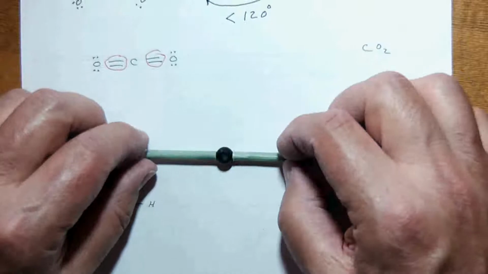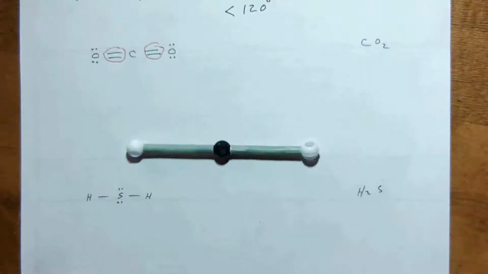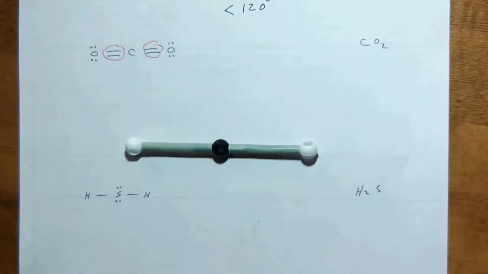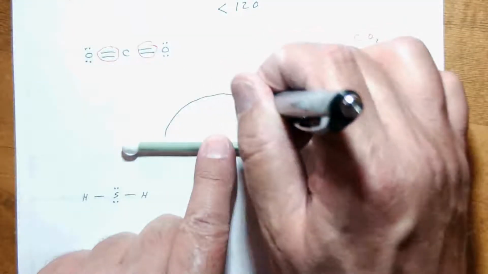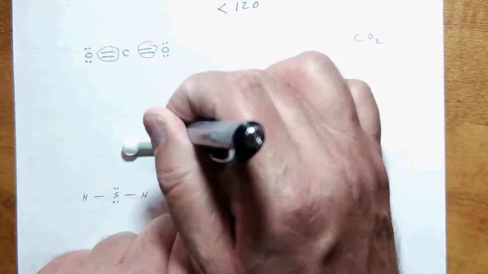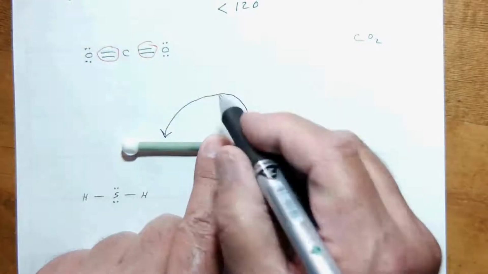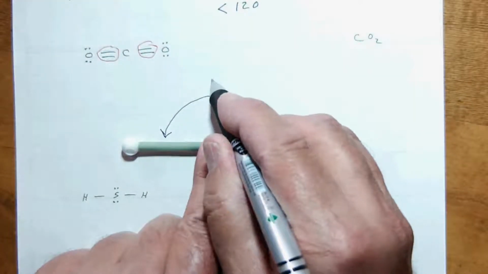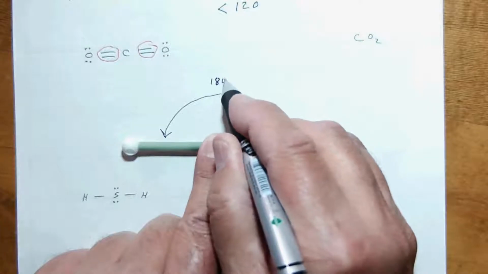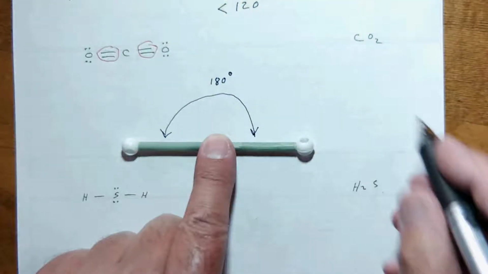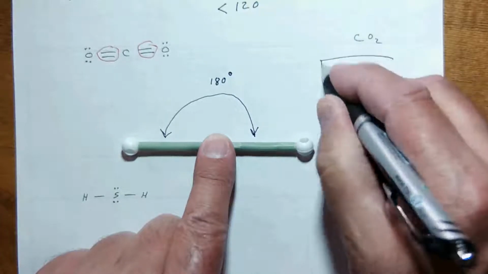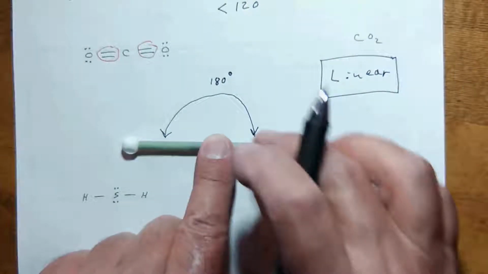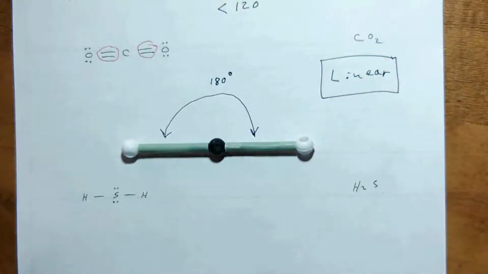And the angle here, because it is symmetrical and there's no lone pair, your bond angle would be a nice, perfect 180 degrees. And you would describe this as linear. So that one's linear.